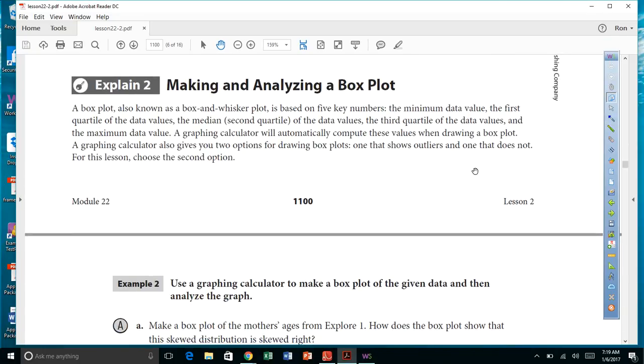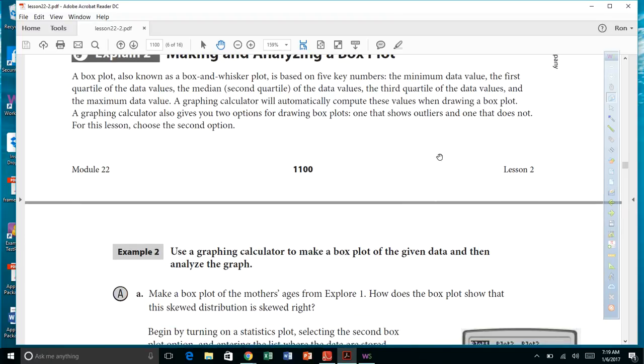Making and analyzing a box plot. Now it's a party. A box plot, also known as a box and whisker plot, is based on 5 key numbers: the minimum data value, the first quartile of the data values, the median, the second quartile of the data values, the third quartile of the data values, and the maximum data value.